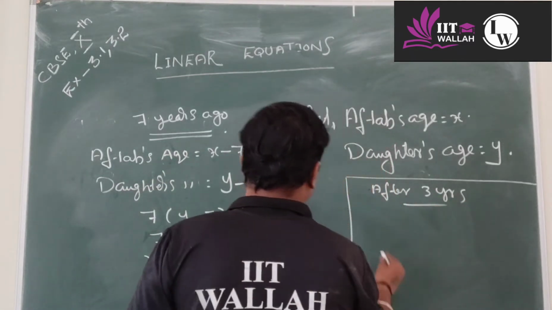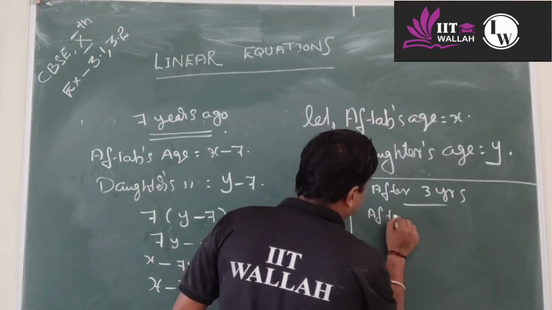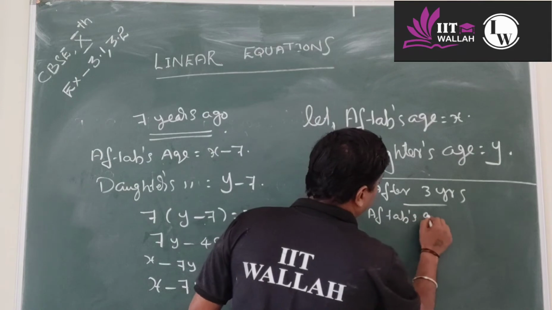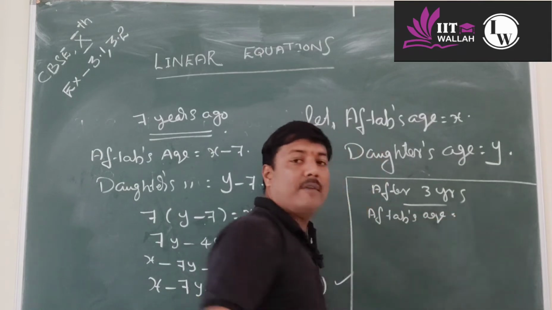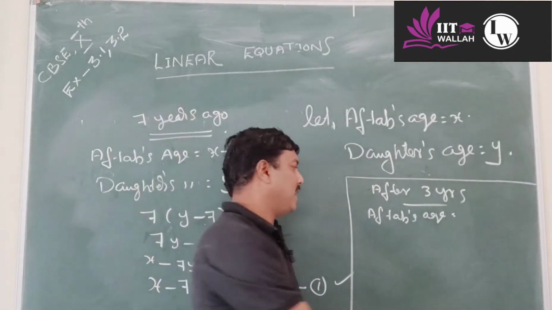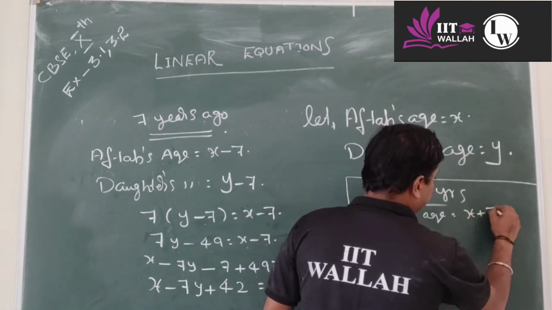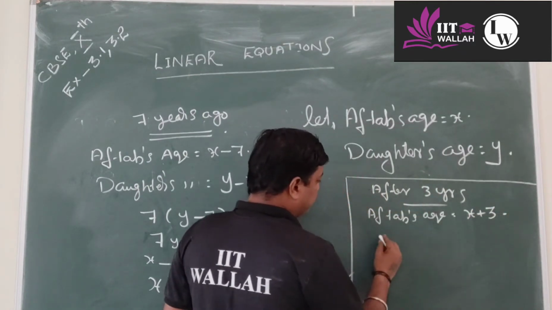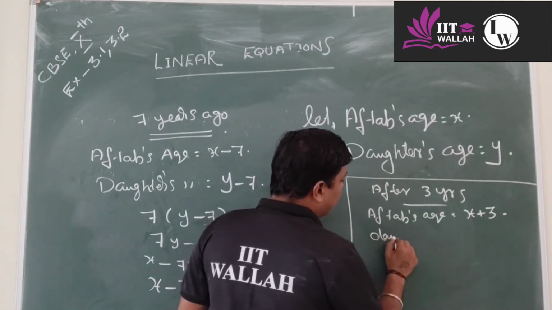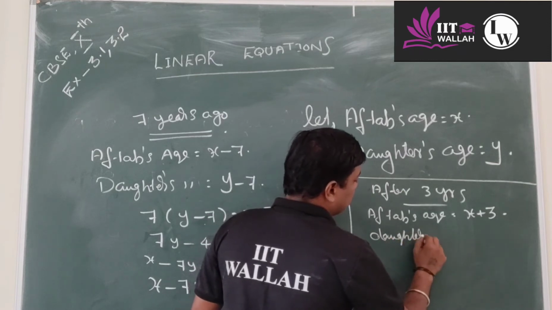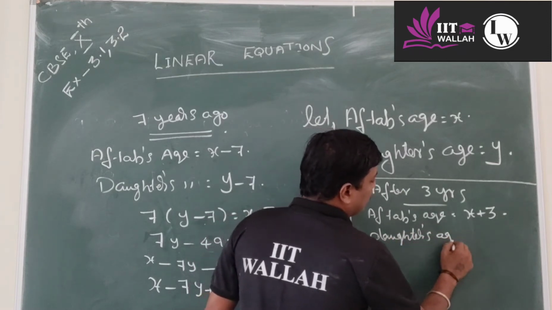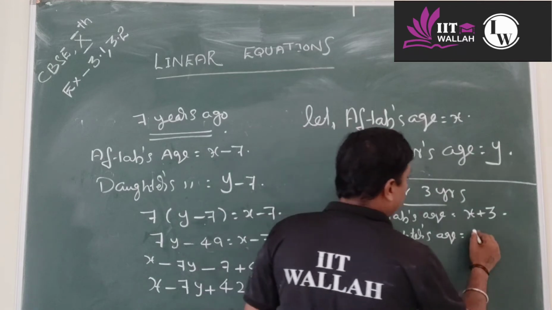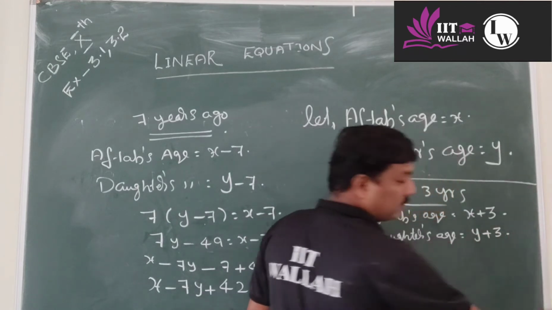So after 3 years, Aftab's age will be, now Aftab's age is x, after 3 years, x plus 3. And daughter's age after 3 years will be y plus 3.